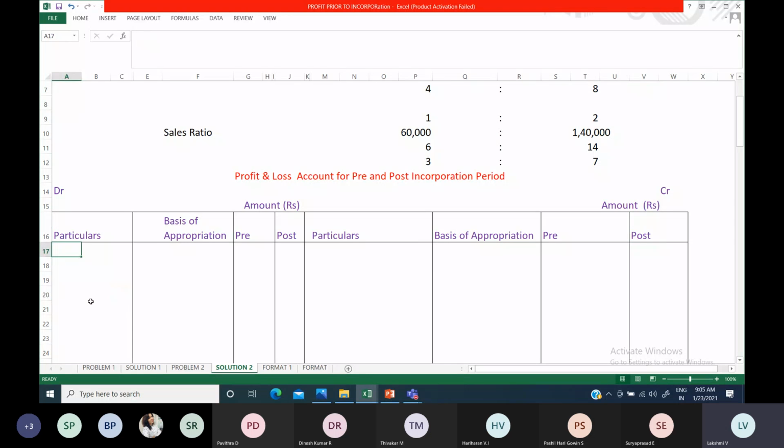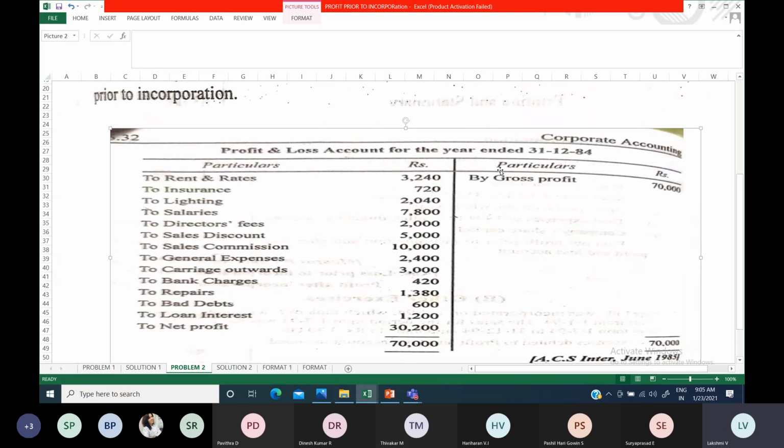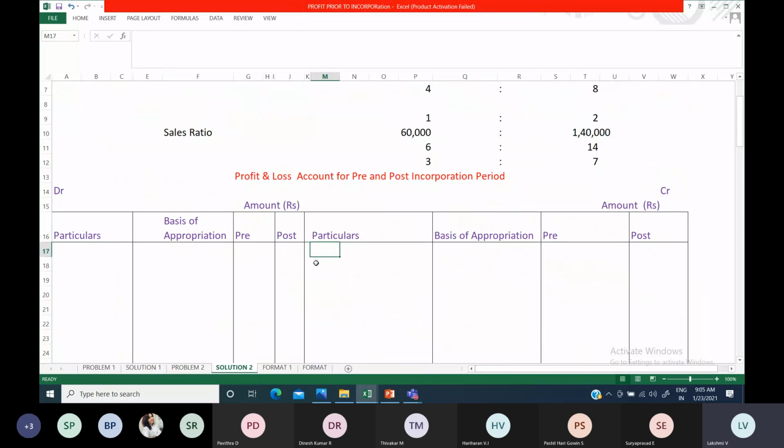So, moving on to the question now. The first item will be your gross profit. The gross profit amount is 70,000. You can write it on the credit side, by gross profit.